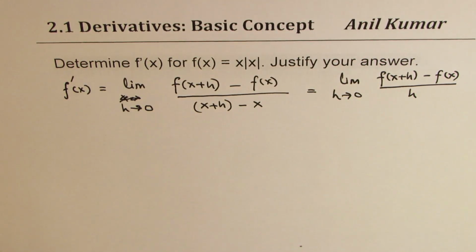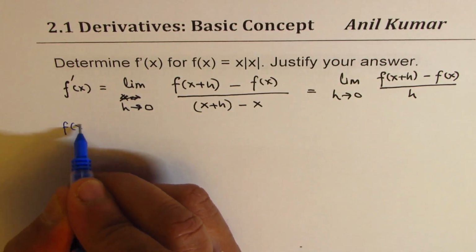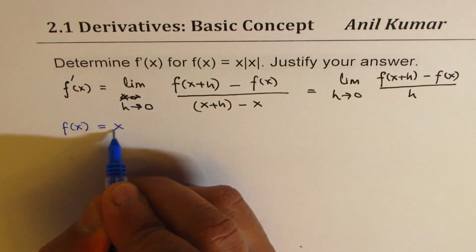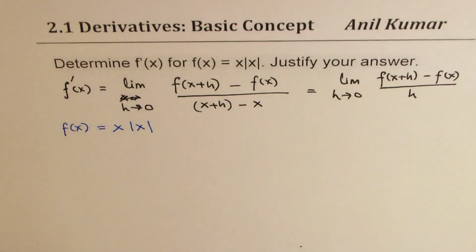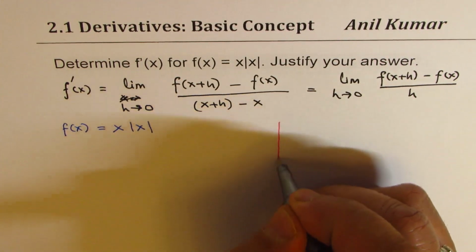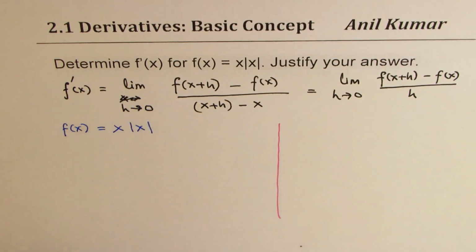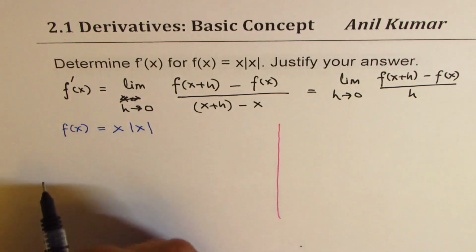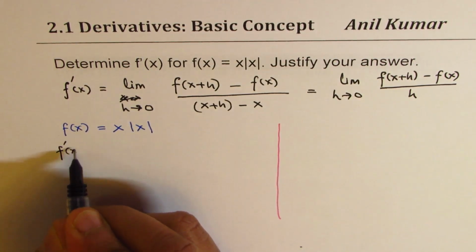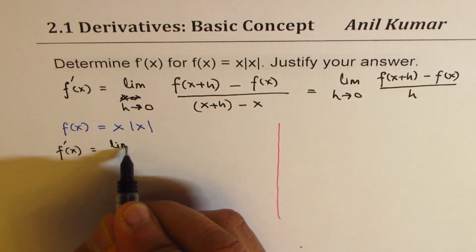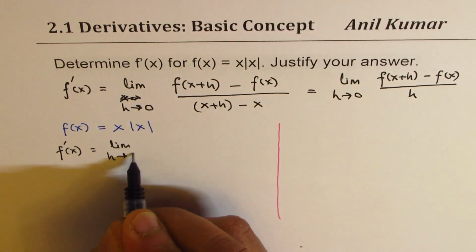Now in our case, we are given a function which is equal to x times absolute value of x, right? How do you find its derivative? So what we will do here is that we are going to approach 0 from both sides, correct? So let's say first, we take the limit of this function when approaching from the left side.